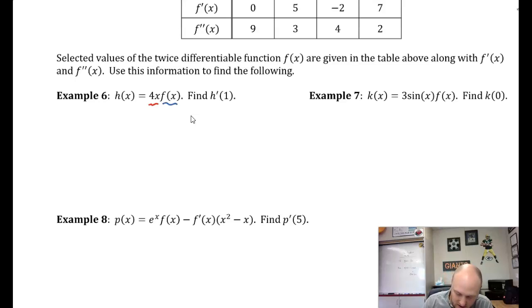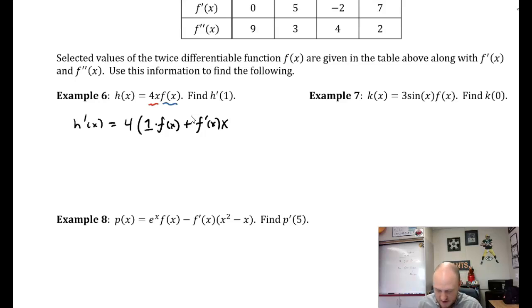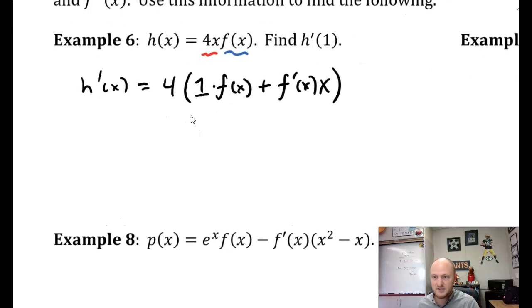Okay, so h prime of x is going to be equal to 4 times the derivative of the first, that's just 1, times the second, f of x, plus the derivative of the second, f prime of x, times the first, which is an x. Okay, and all of that is times 4.